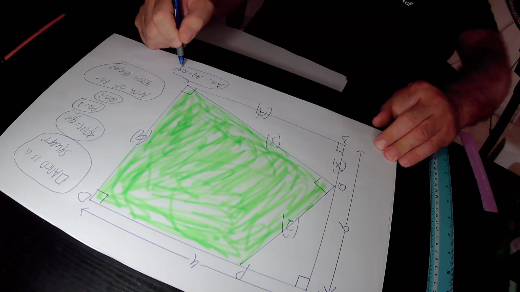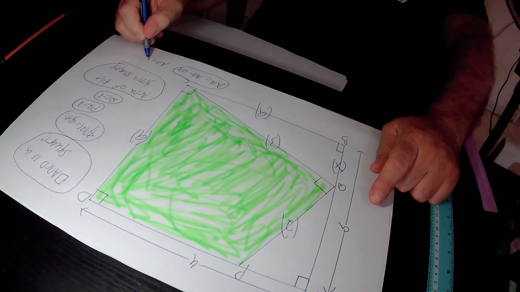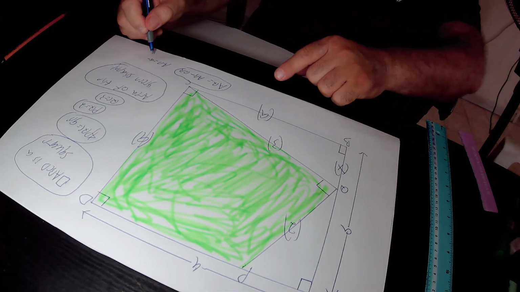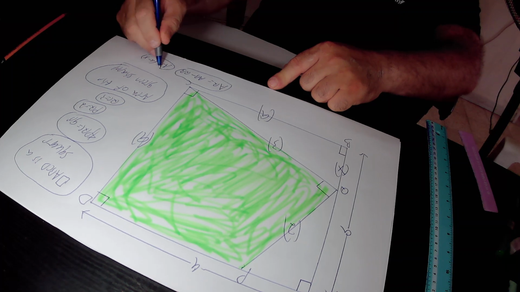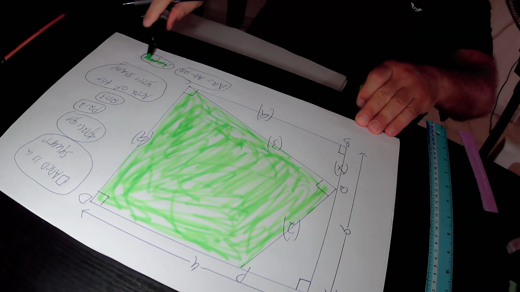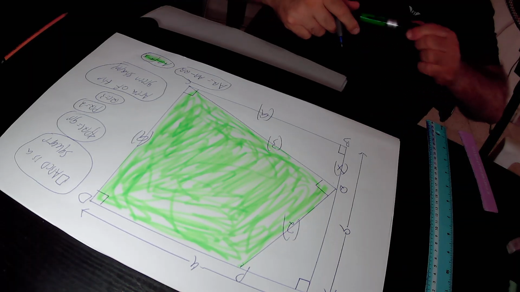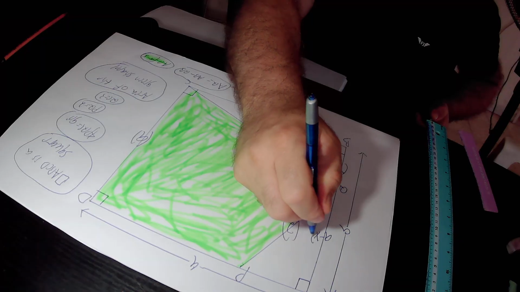So AQ equals AB, that is A, minus QB, that is X. So in total, AQ equals A minus X units in its length.